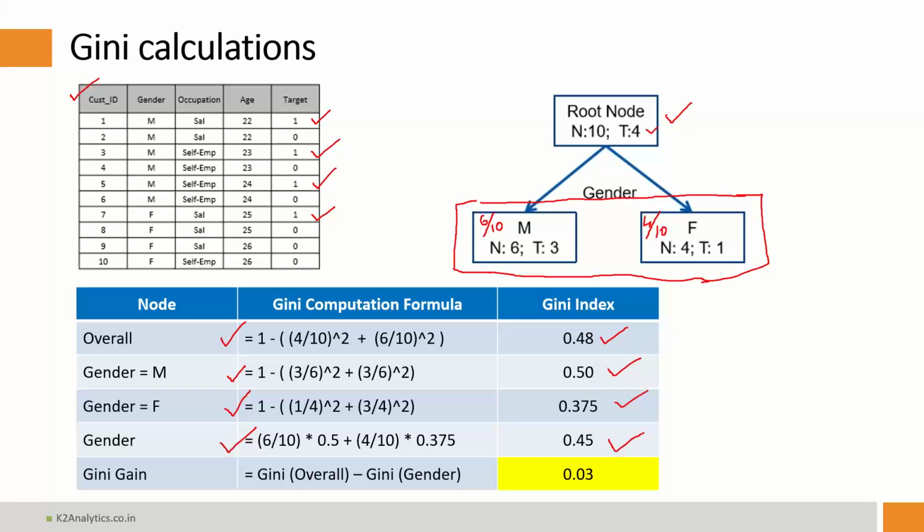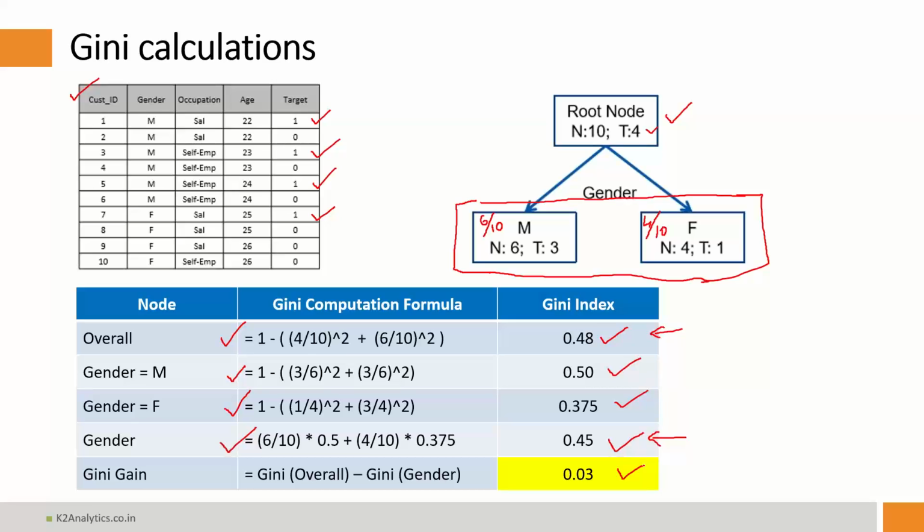What is gain? You have to subtract the split node Gini from the root node Gini, that is 0.48 minus 0.45, and that is the gain. So this is the calculation of Gini gain. The value 0.03 in absolute terms does not have any meaning. It has meaning only in relative terms.